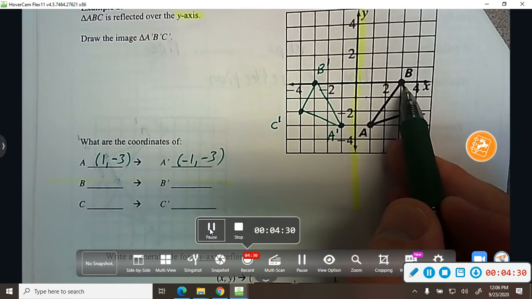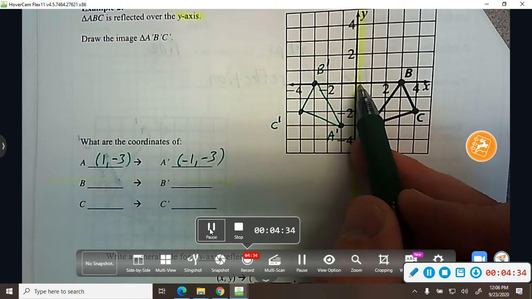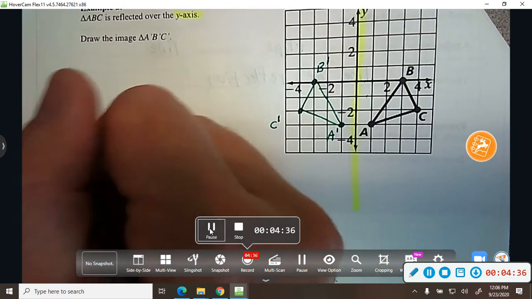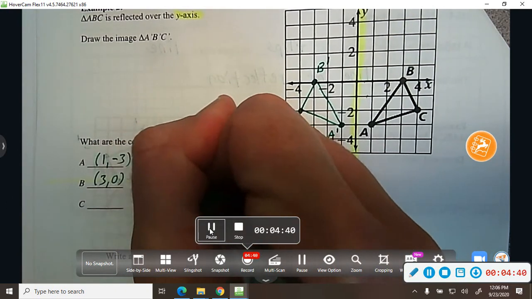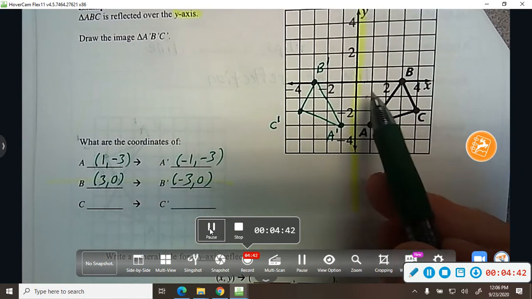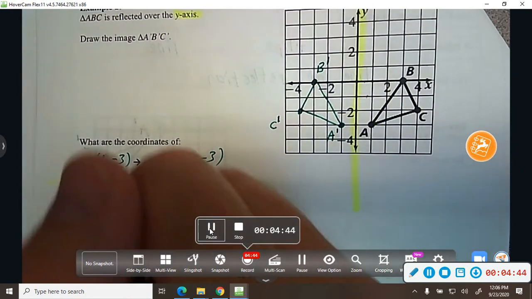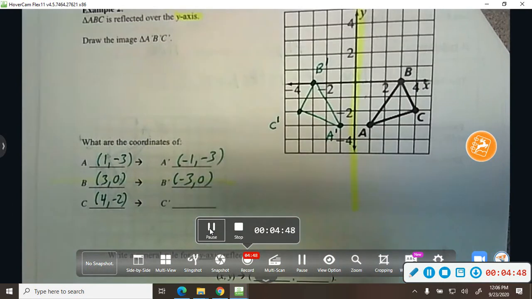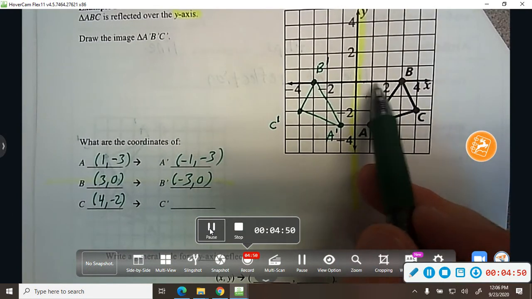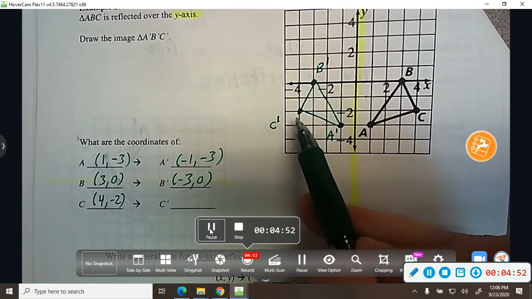B started out at (3, 0). B, the image of B, ended up at (-3, 0). C started out at (4, -2). And then when I reflected it, it became (-4, -2).